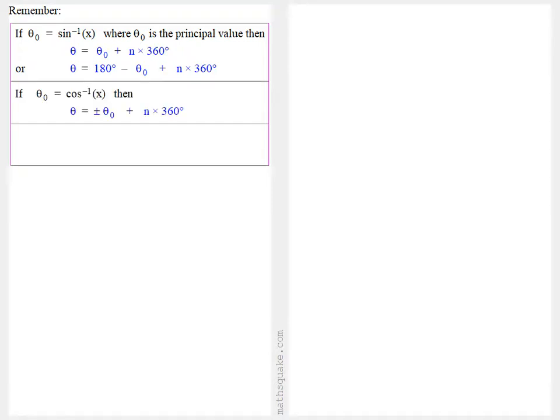If theta naught is the principal solution to the inverse cosine of x, then the general solution is theta equals plus or minus theta naught plus n times 360 degrees. And if theta naught is the principal solution to the inverse tan of x, then the general solution is theta equals theta naught plus n times 180 degrees.